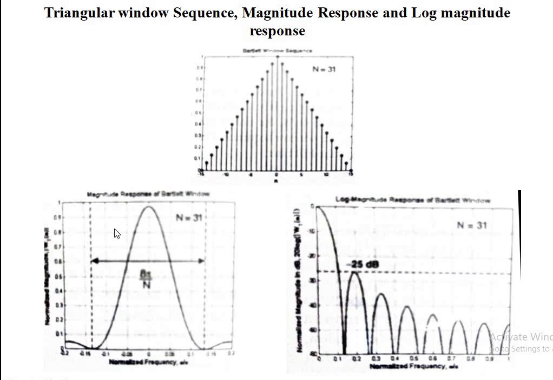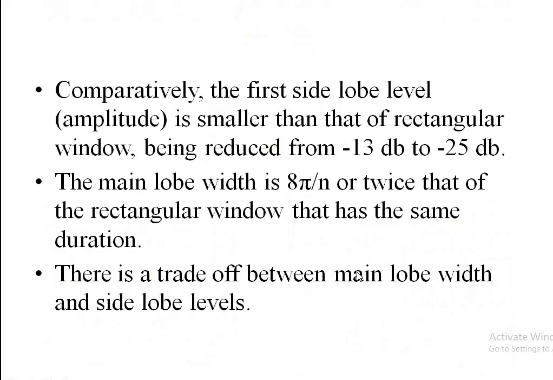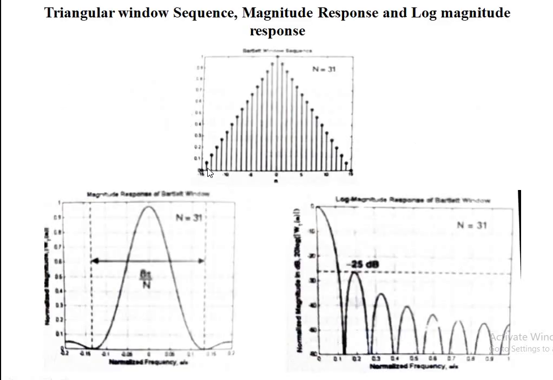For the same number of points that we calculated in the case of the rectangular window, I would like to compare this triangular window and the rectangular window. I have calculated the magnitude response for the same n equal to 31 here too. In the log magnitude response of the triangular window, the first side lobe level is smaller than that of the rectangular window, reduced from minus 13 dB to minus 25 dB in this case.